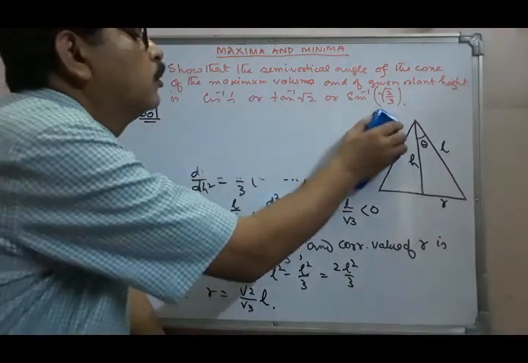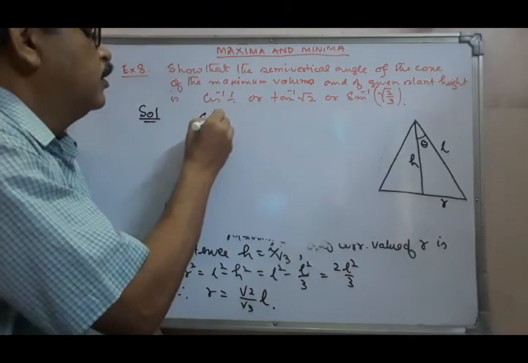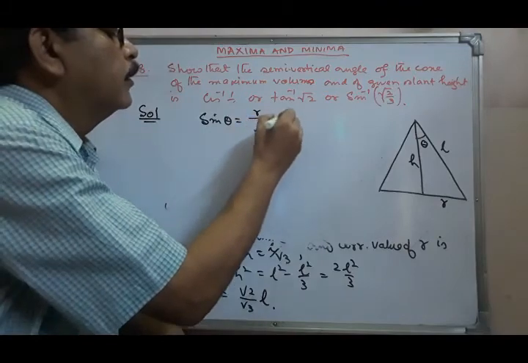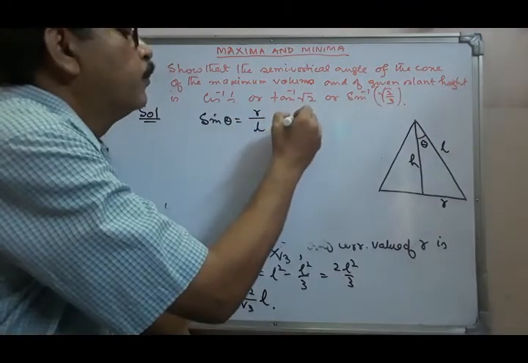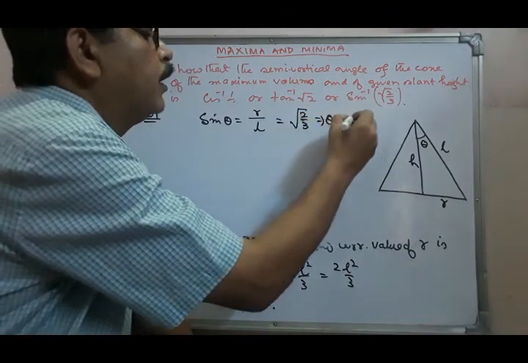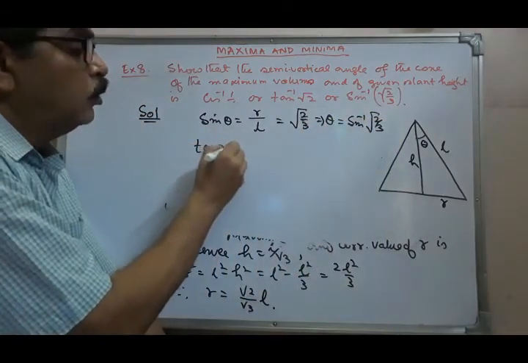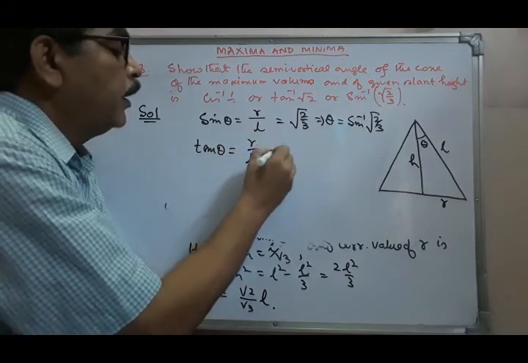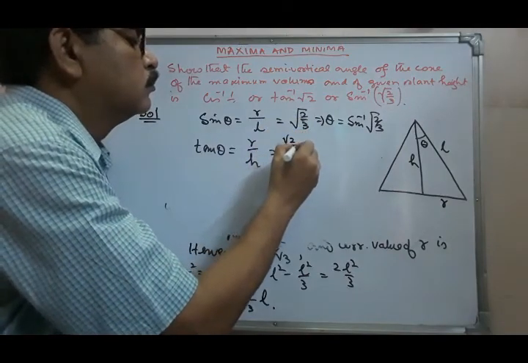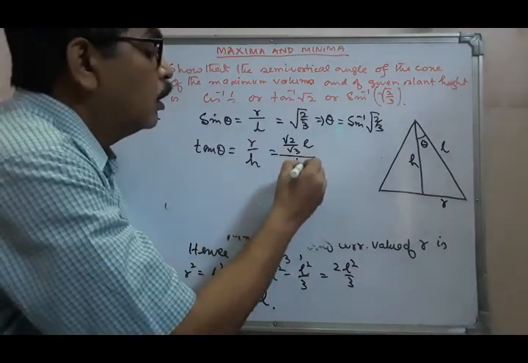Now if theta is the semi-vertical angle, sin theta equal to r by L, r by L equal to root over 2 by 3, which implies semi-vertical angle sine inverse root 2 by 3. Similarly, tan theta equal to r by h, r equal to root 2 by root 3 L divided by h equal to L by root 3.